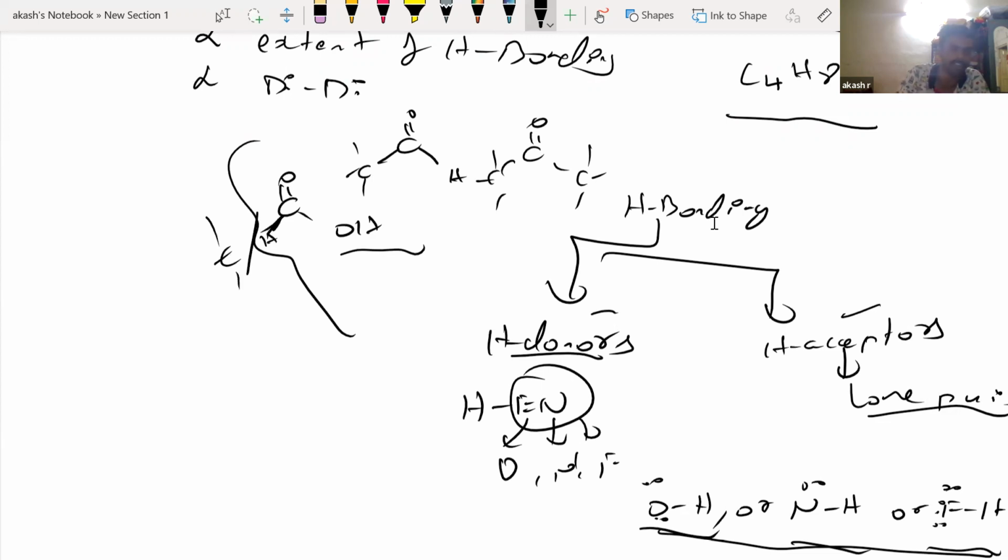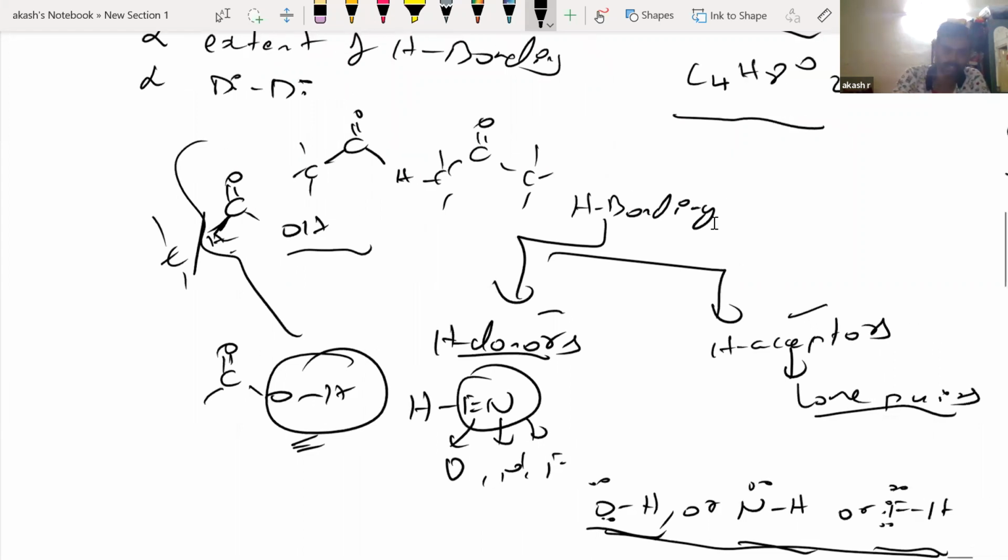If you have hydrogen, there is only one possibility, HCOOH, but with carbon many other possibilities can come. So here we have C double bond O, OH. Now you see this OH bond present, so definitely carboxylic acids are going to have hydrogen bonding.